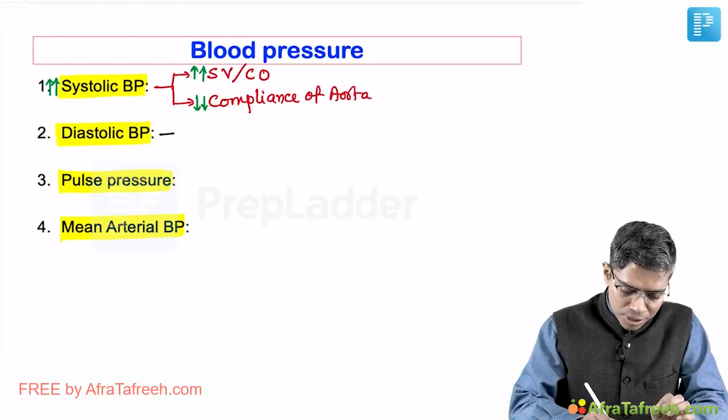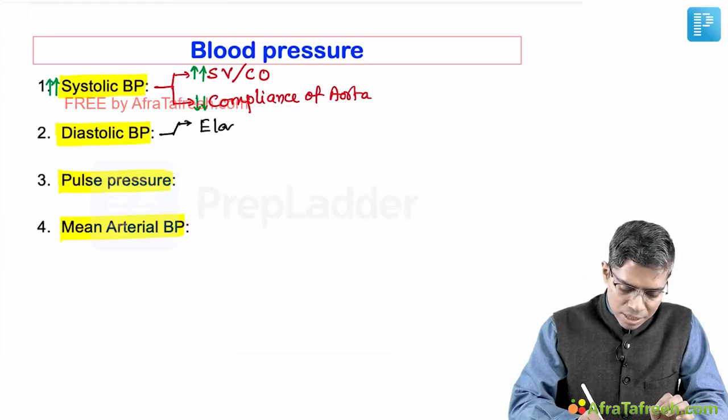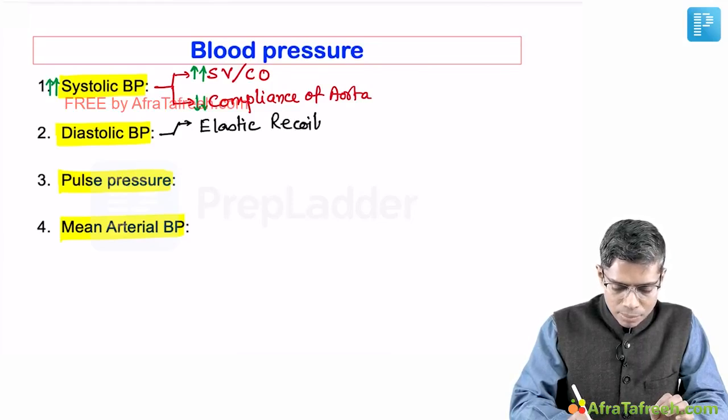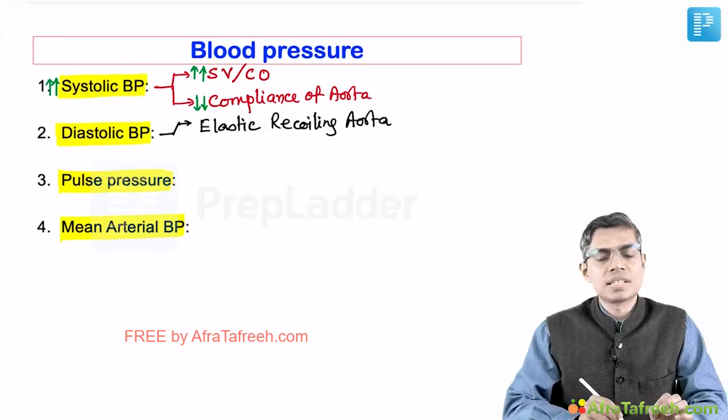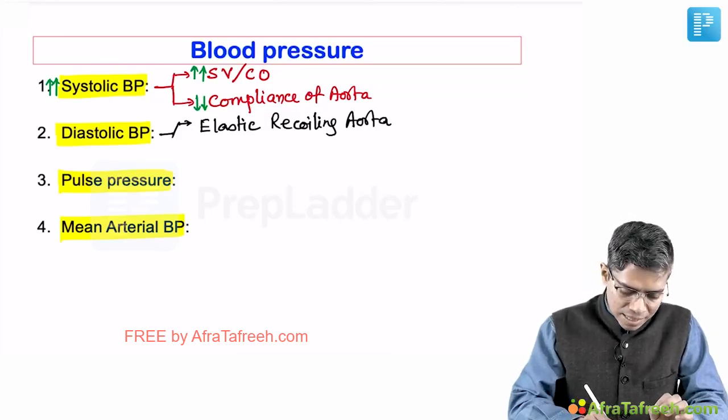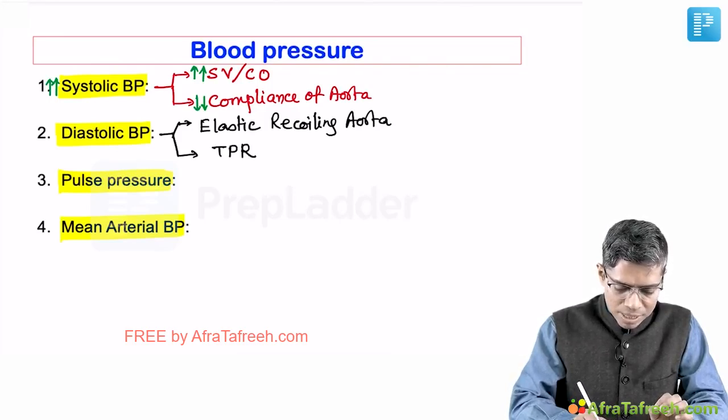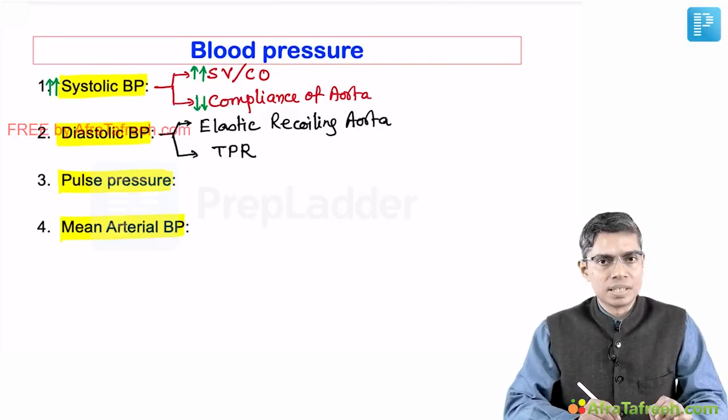Now the diastolic blood pressure, on the other hand, the main determinant of diastolic blood pressure is the elastic recoiling force of aorta and major elastic tissues, right? And the second determinant, all of you know, is nothing but TPR, total peripheral resistance or systemic vascular resistance.